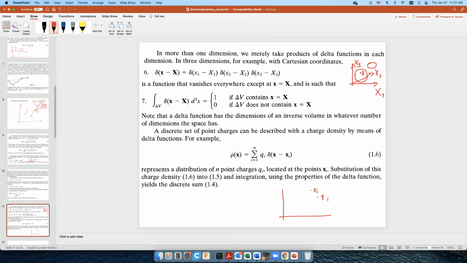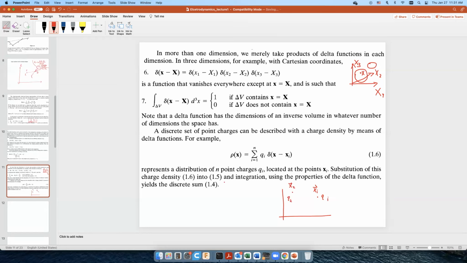This is density. When you do an integral, the density becomes a charge, which is q_i at position x_i. And the same thing for some other x's and q's, for example q2, x2, and of course the x's are vectors. So this is a discrete set of point charges written in the format of the delta function.